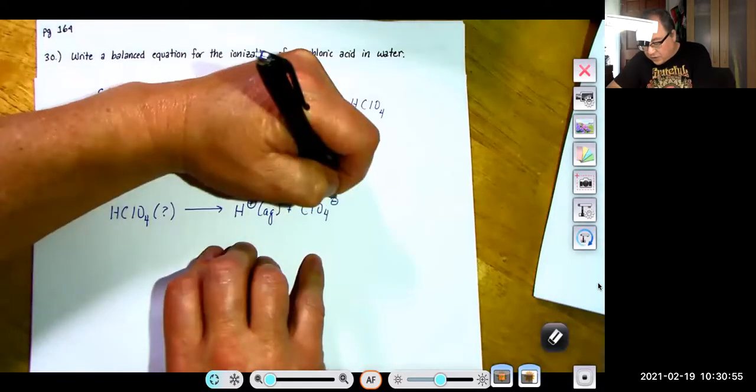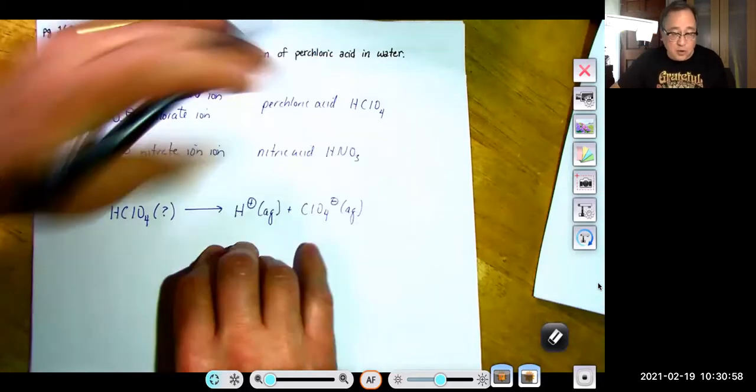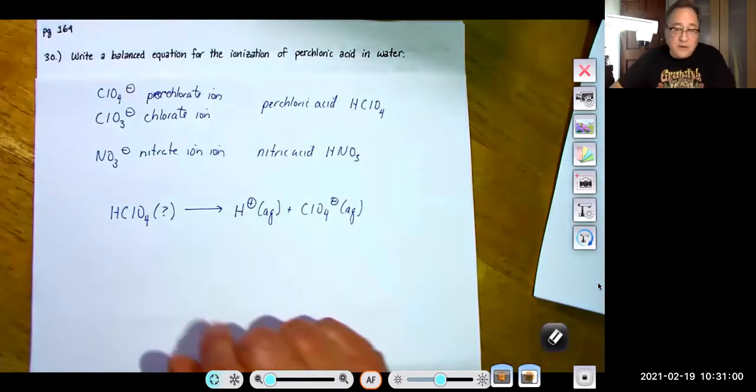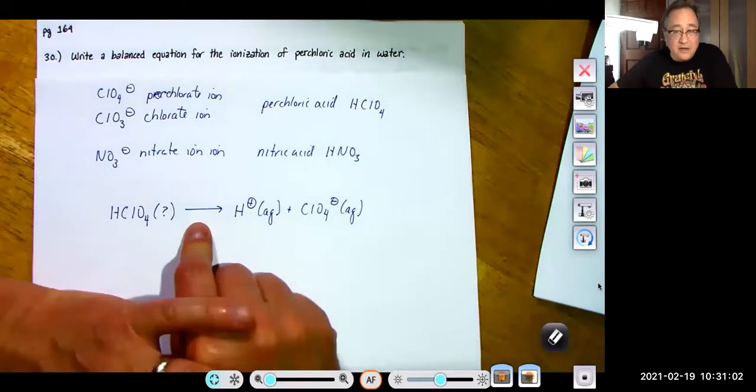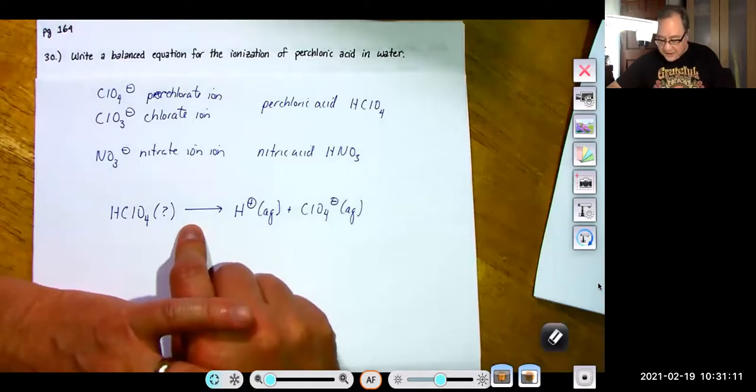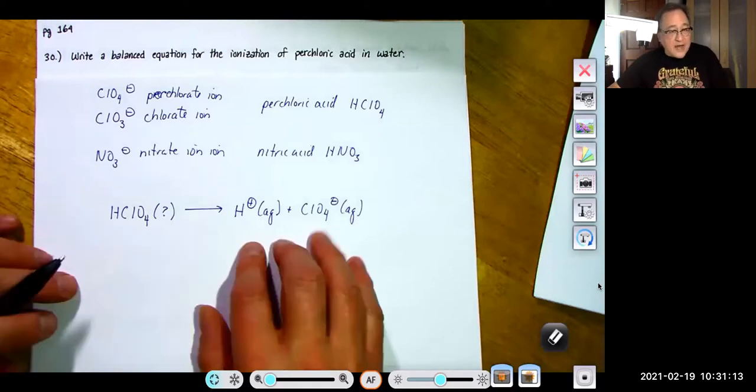Now, this is one of the ones where I told you did not need to know whether it's strong or weak, so you don't know whether to make this a single arrow or 2 arrows. So don't worry about that. It's a strong acid, so it should have a single arrow.